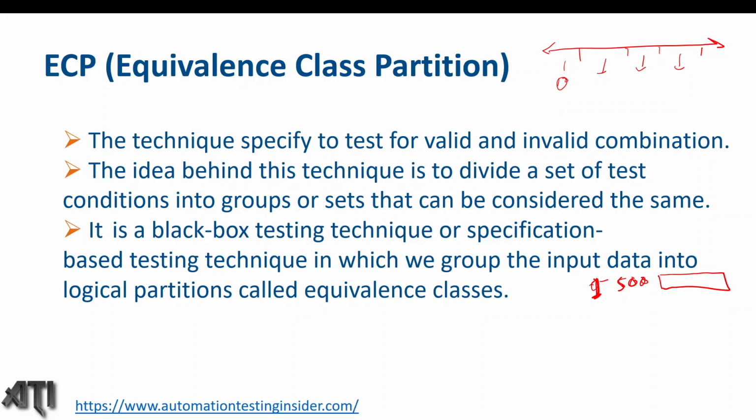So how do you divide this into different equivalence class partitions? How do you do the partitioning over here?